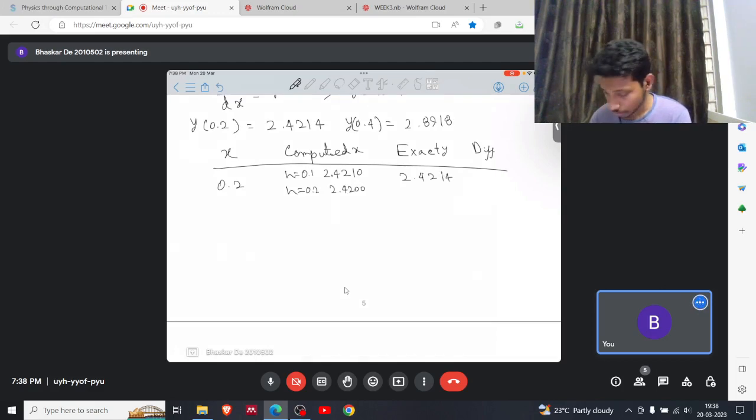So the difference is 0.004 here, and 0.0014 there.